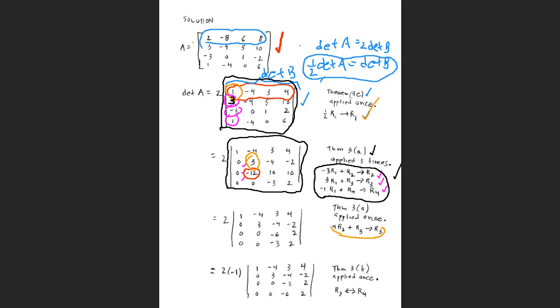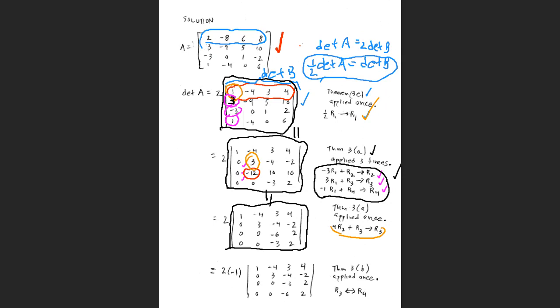This determinant here is the same as this determinant. These determinants are equal and these determinants are equal, because we're just using theorem 3 property A.